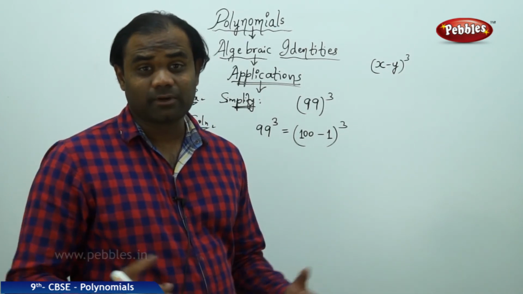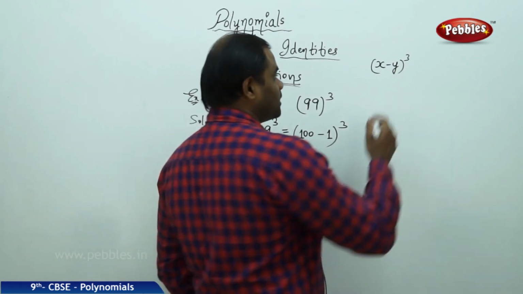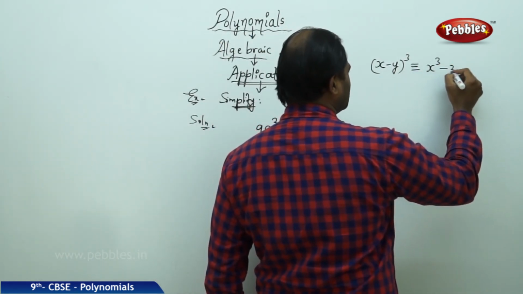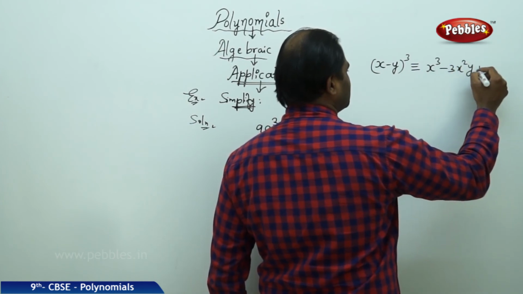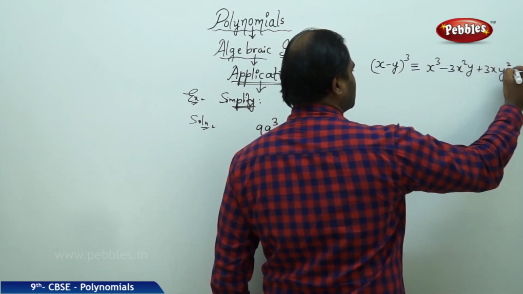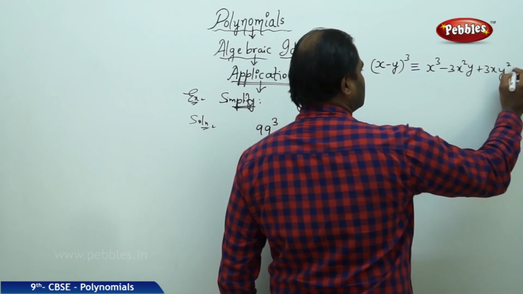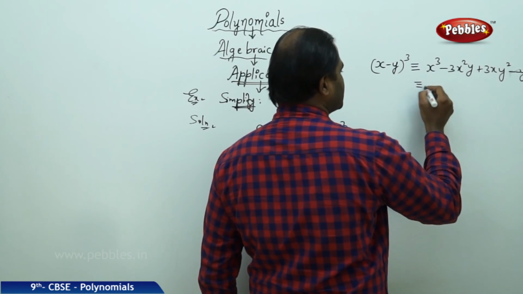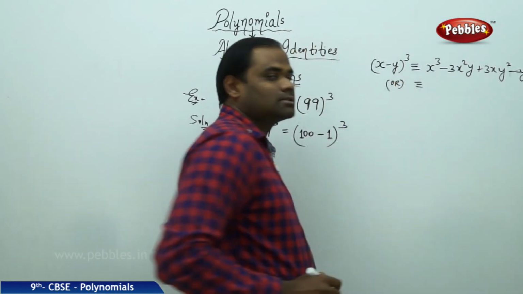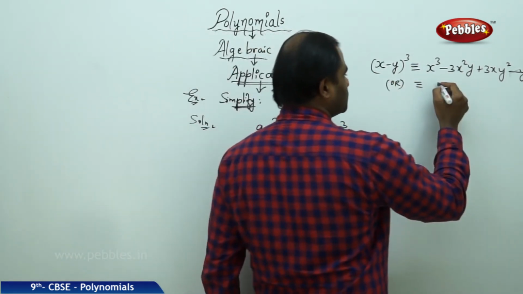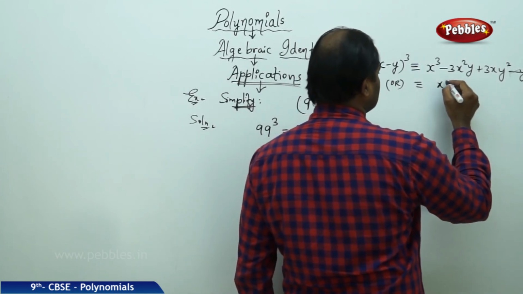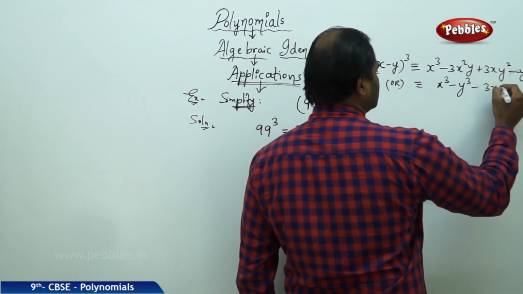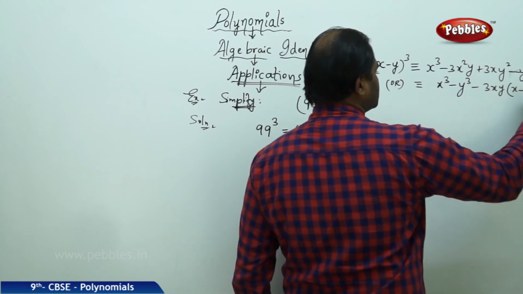What is x minus y whole cube? It is an algebraic identity which expands to a cube minus 3a square b plus 3ab square minus b cube. Or this can also be written as a cube minus b cube minus 3ab into a minus b.